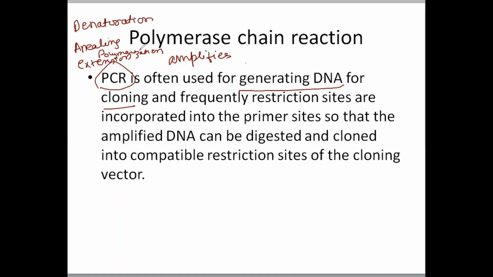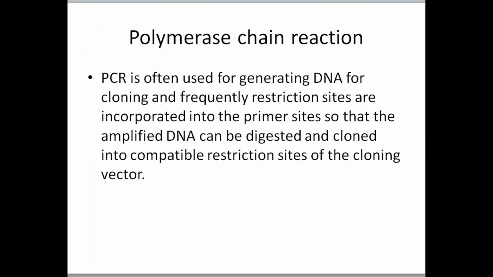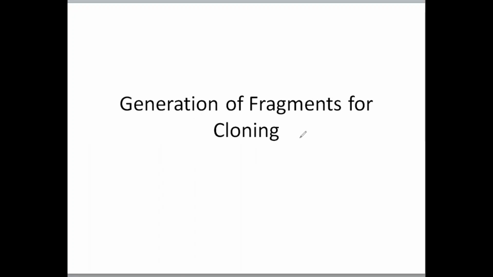The temperature is very important in polymerase chain reaction. According to the product we need, we have different types of PCRs like touchdown PCR and asymmetric PCR and many more. These are used according to the function or the product we need. This was all about generation of fragments for cloning.